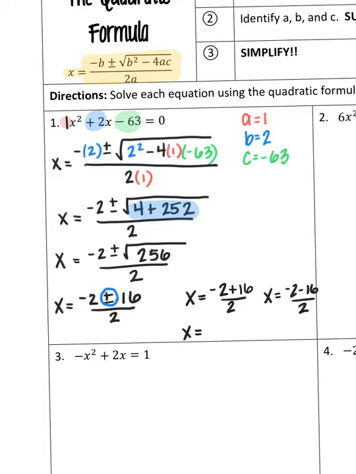X equals -2 plus 16 is 14 over 2, which is 7. And -2 minus 16 is -18 over 2, which is -9.